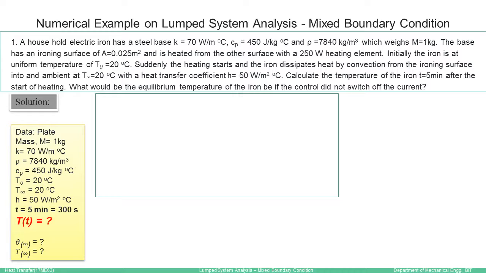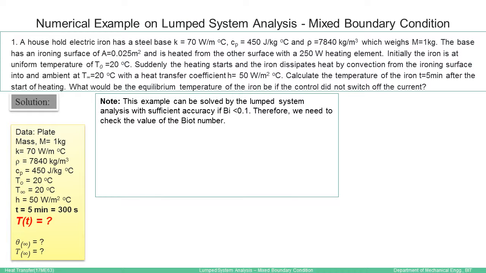Thermal conductivity, specific heat, density, initial temperature, fluid temperature, heat transfer coefficient are mentioned, and it is expected to know what is the temperature after 5 minutes. And there is the second question to find out the equilibrium temperature. We'll take it later. So now this problem can be solved by lumped system analysis.